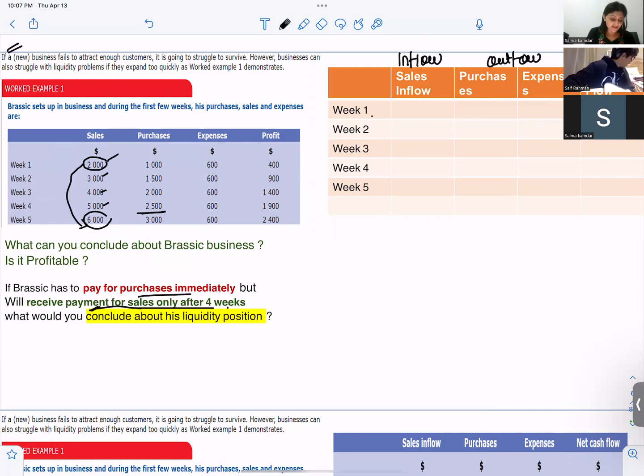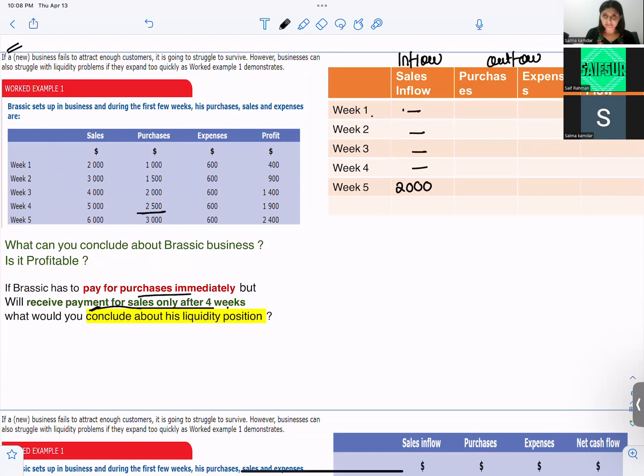Are you going to receive money for these sales now, or later? I'm going to receive money for sales later. Week 1 sales money will be received in week 5. So here you're not going to receive anything. For purchases, I will pay immediately.